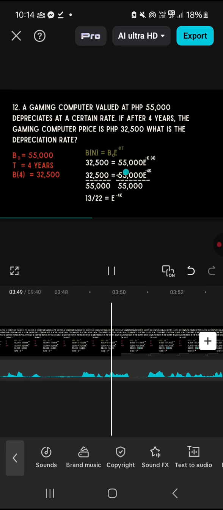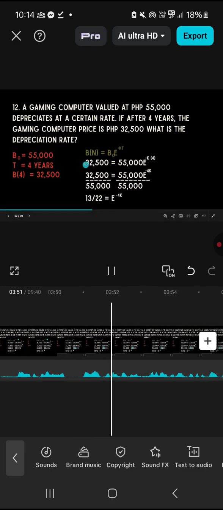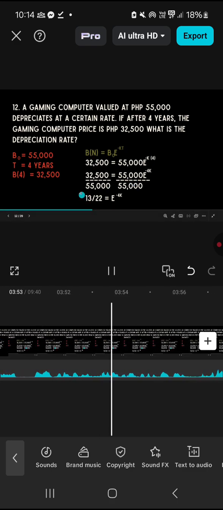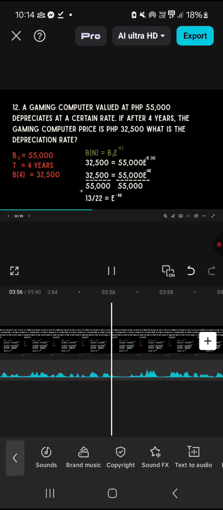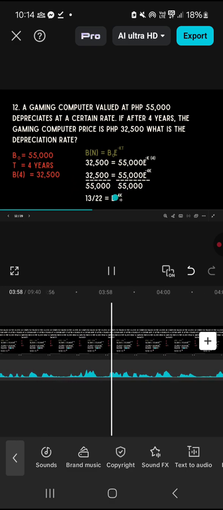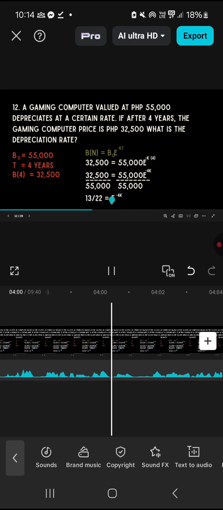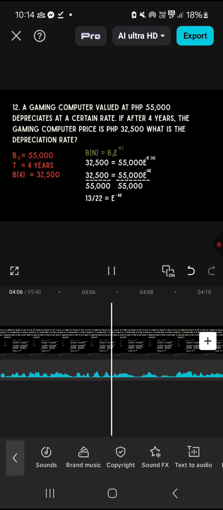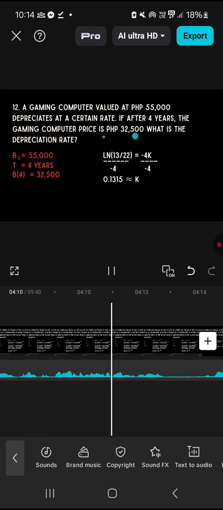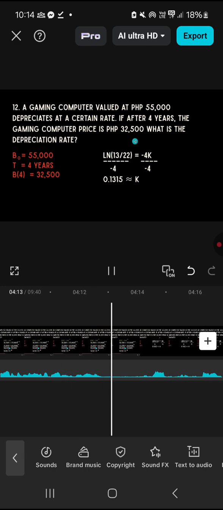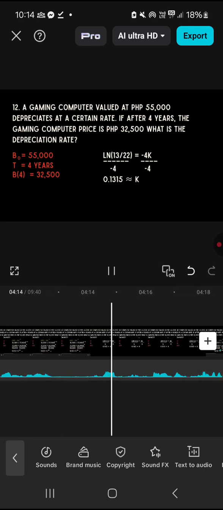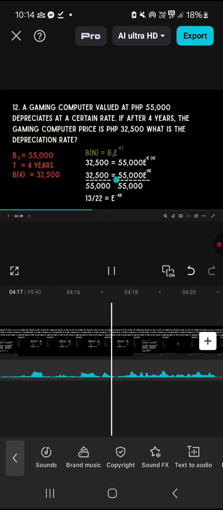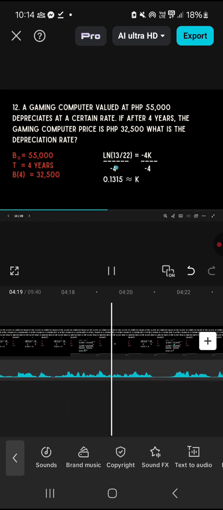So to isolate our negative 4k, we'll divide both sides by 55,000. So this will become 13 over 22. Now, to fully isolate our negative 4k, we also have to get rid of the Euler's number. So in order to do that, we will use natural logarithm, or ln. So ln of 13 over 22 is equal to negative 4k.